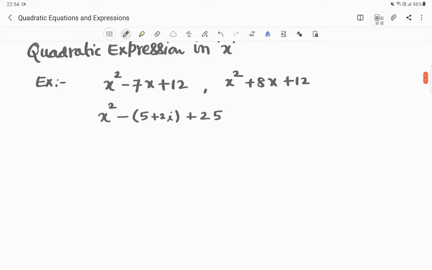Now come to the root or zero of the quadratic expression.